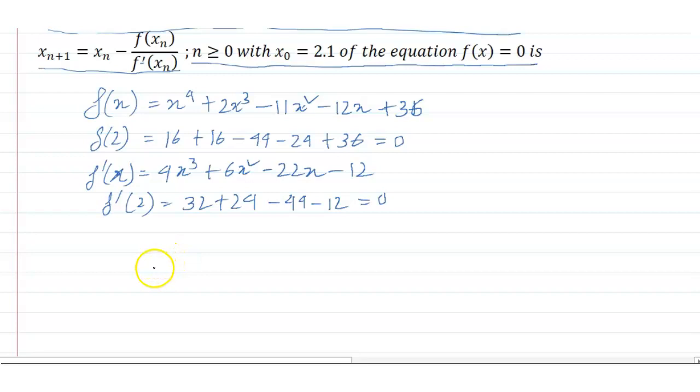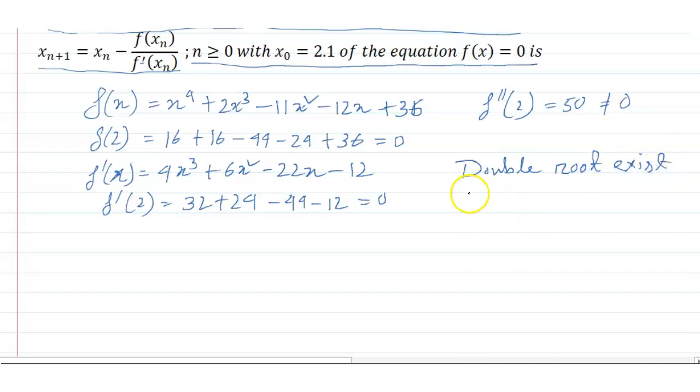So friends, another fact is that f double dash 2 is equal to 50, which does not equal 0. So a double root exists in Newton-Raphson.